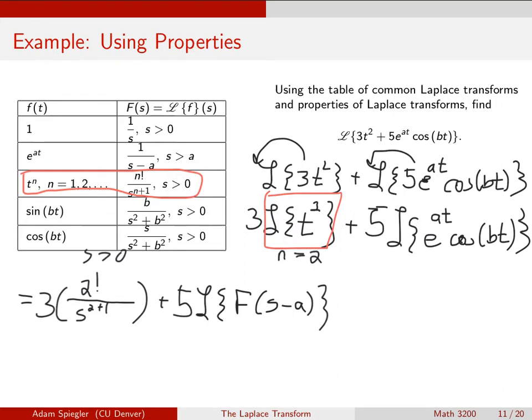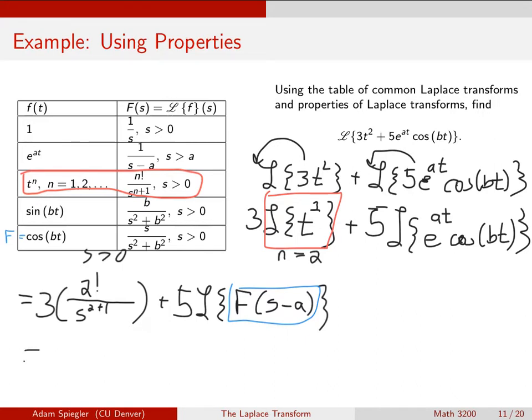Okay, so this function F that we're referring to over here is actually the Laplace transform of the cosine of bt, and we just need to shift it now by a units to the right.